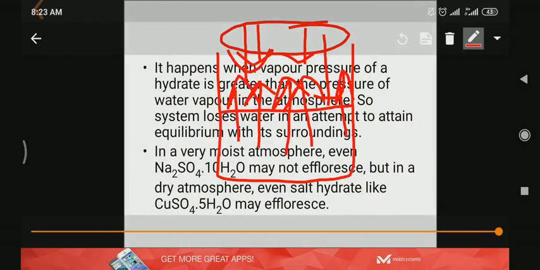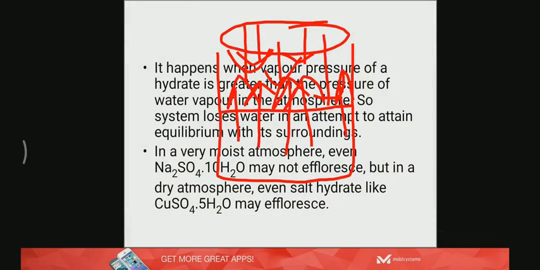So the salt hydrate cannot lose water vapor to the atmosphere because vapor pressure is high above. So sodium sulfate 10H2O may not effloresce even if the atmosphere is very moist.